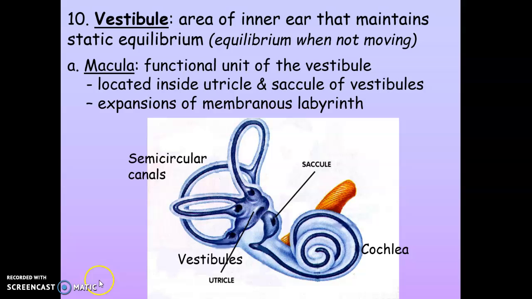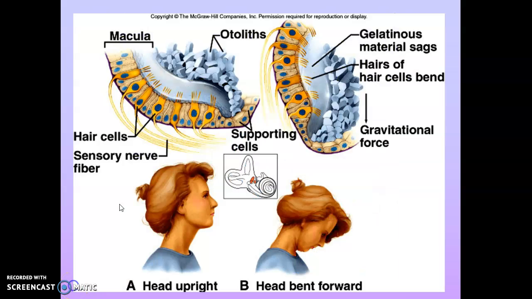But let's take a look at how the vestibules work. The vestibules work sort of like the ampulla, except there's more to it. So just like the ampulla, there is this kind of jelly area, and there are hairs in here which can detect movement of that jelly. But on top are these structures called otoliths.